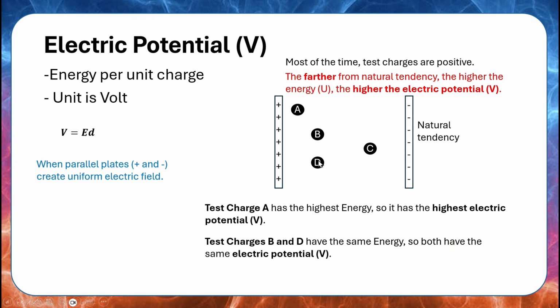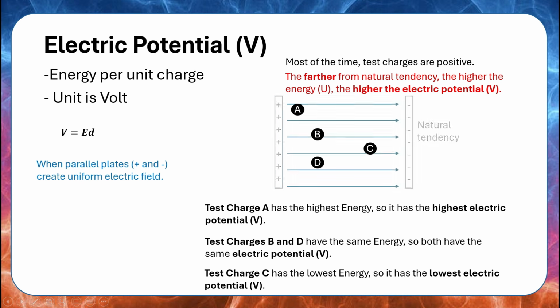Yes, it's true since we're talking about test charges, but if we're talking about normal charges, charges could have different values. But here, since we're talking about test charges, they should have the same electric potential if they are in the same position, or the same distance from the plate. And obviously C is the closest to the natural tendency, or the zero distance, so it has the lowest energy. And if it has the lowest energy, it will also have the lowest electric potential V.